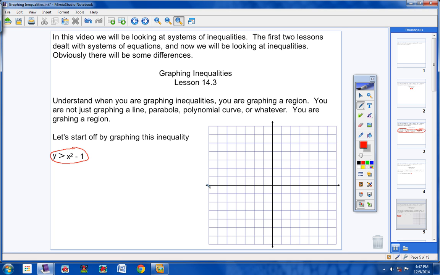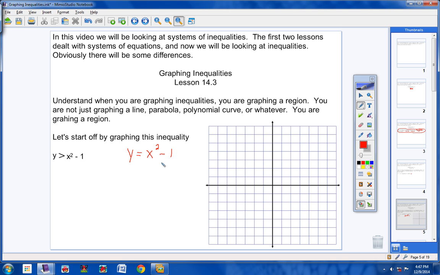Now while you're finalizing that, please listen to me carefully, students. First of all, whenever you're graphing an inequality, I want you to learn to rewrite it with an equal sign off to the side. That's the first thing you do. Got it? Secondly, you must learn from Algebra 2 to recognize the equation.